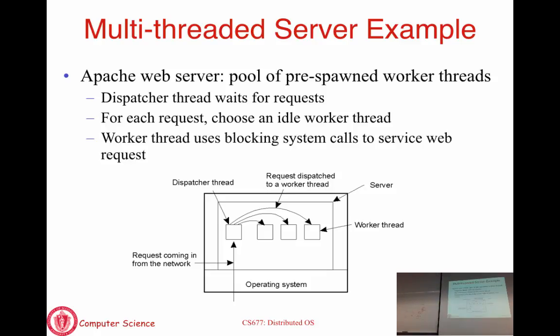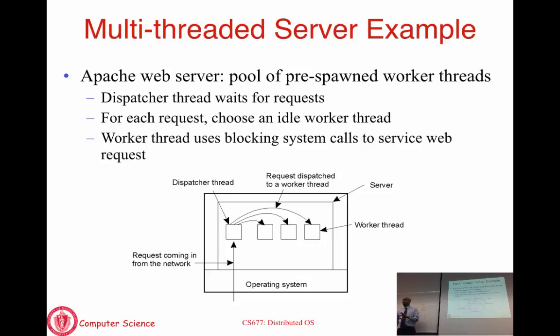If you have multiple cores, you will run on multiple cores and achieve some degree of concurrency or parallelism. So you dynamically create a thread every time a new request comes in, and once the request is done, the thread is terminated. That's one way to make a multi-threaded server, and that's often done as well.